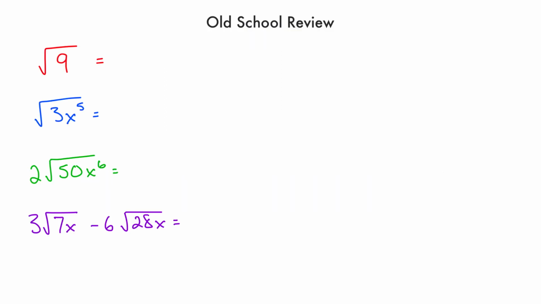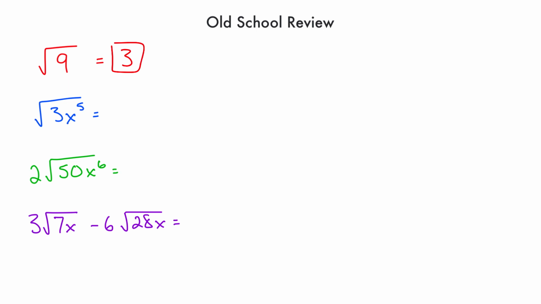But before I do that, I want to do a brief little recap of some problems that you've already done before in the previous chapter, because I'm going to tie this into what we're doing in this chapter. So, problem number 1, I have the square root of 9. The square root of 9 is just 3, because 3 times 3 is 9. The square root of 3x to the 5th.